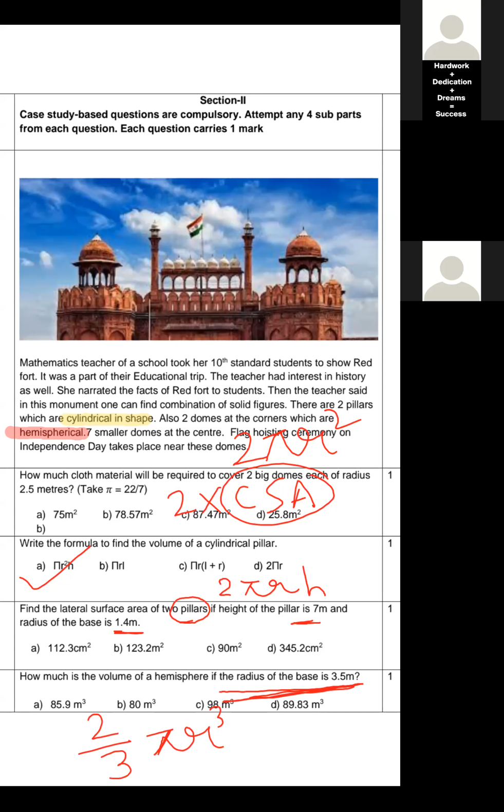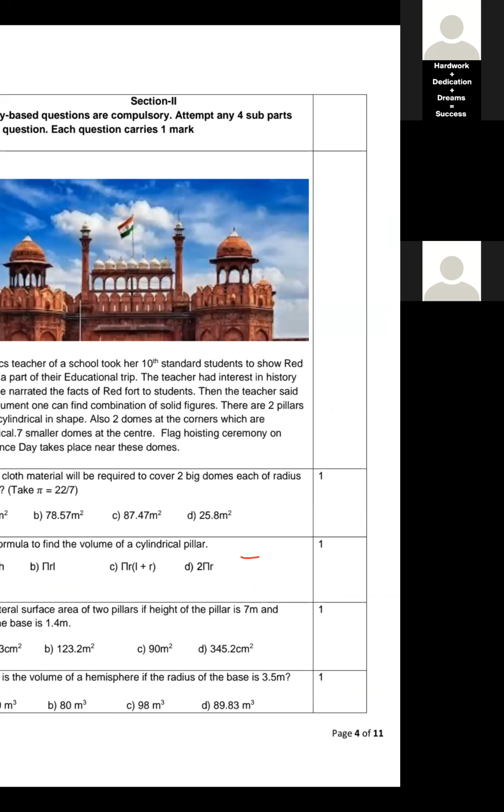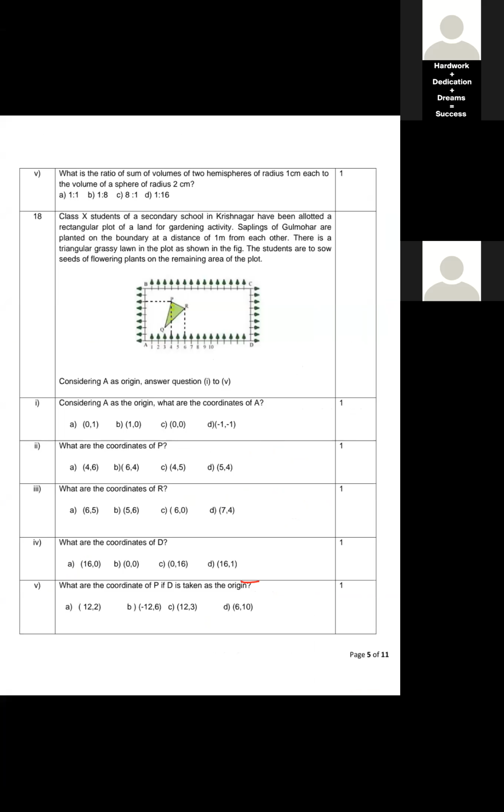So the next one is the last one. What is the ratio of the sum of the volumes of two hemispheres to the volume of the sphere? Two hemispheres, children. The volume of one hemisphere will be 2 by 3 pi r cube.